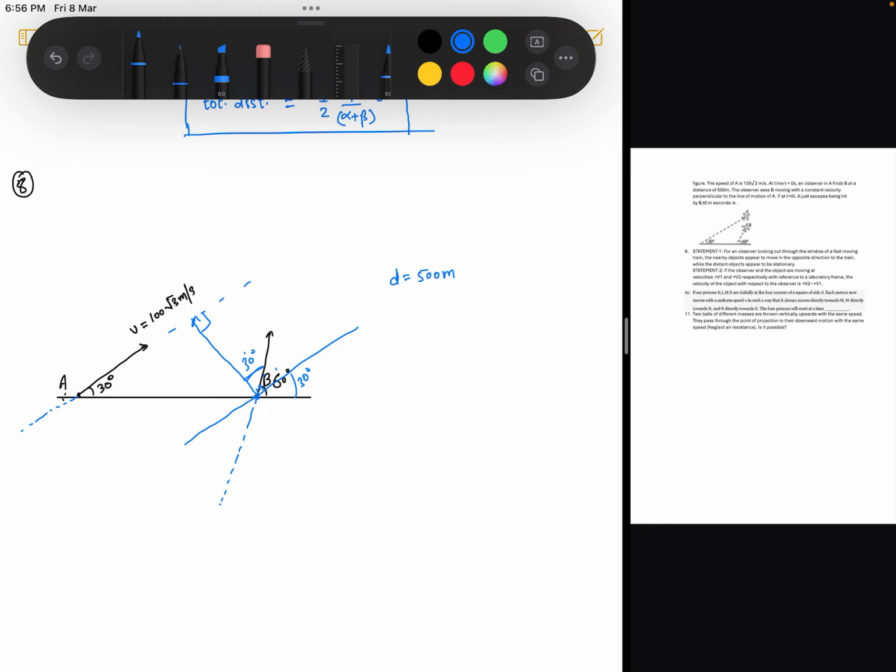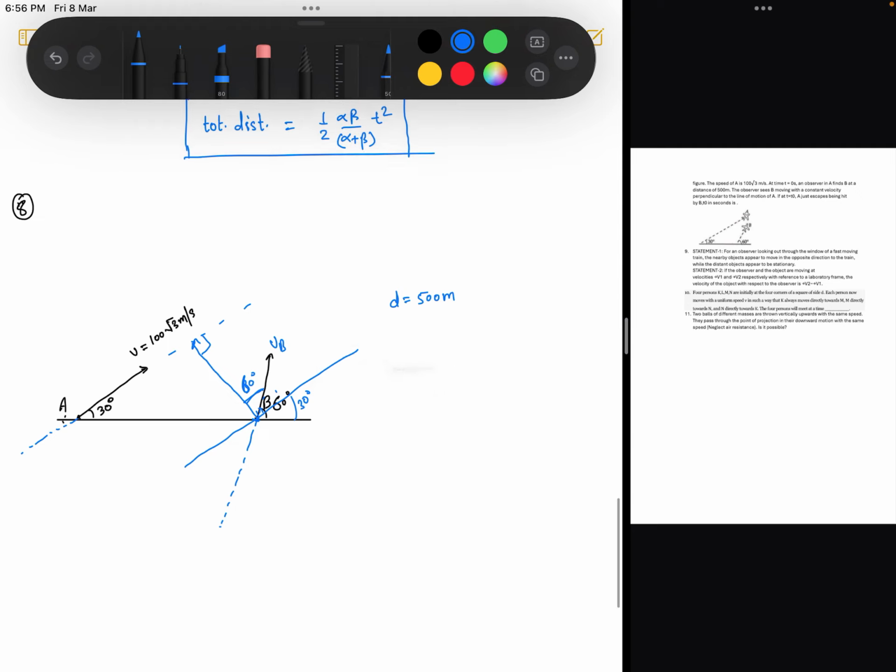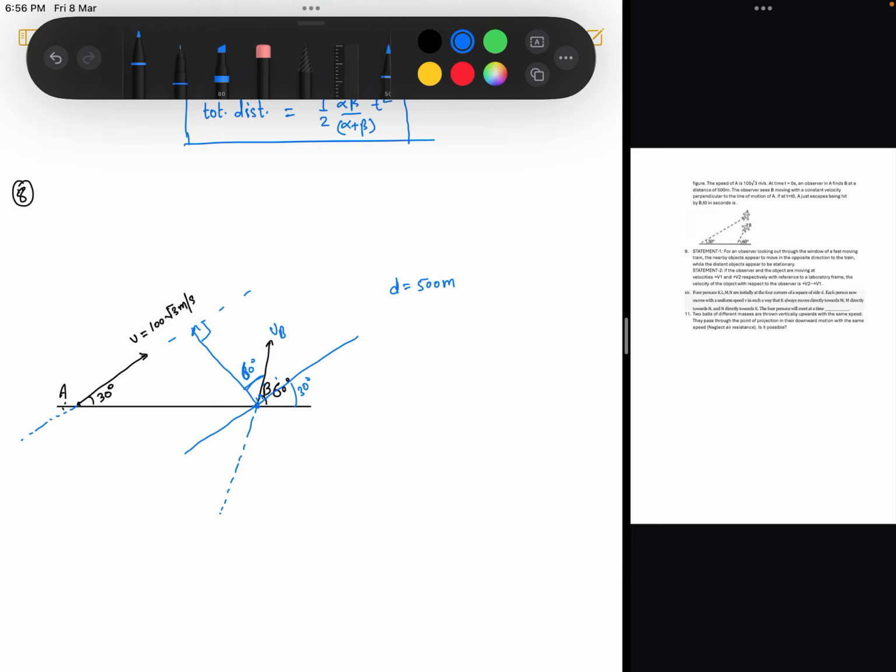No, this angle will be 60 degree. Let us suppose the velocity of B is VB. So the velocity perpendicular to the line of motion of A will be VB cos 60 degree, and the velocity parallel to A is VB sin 60.